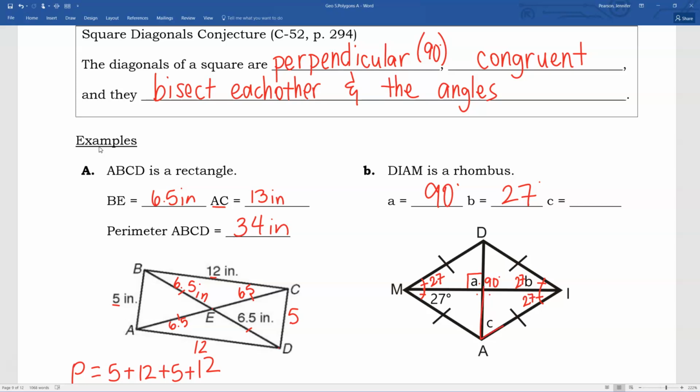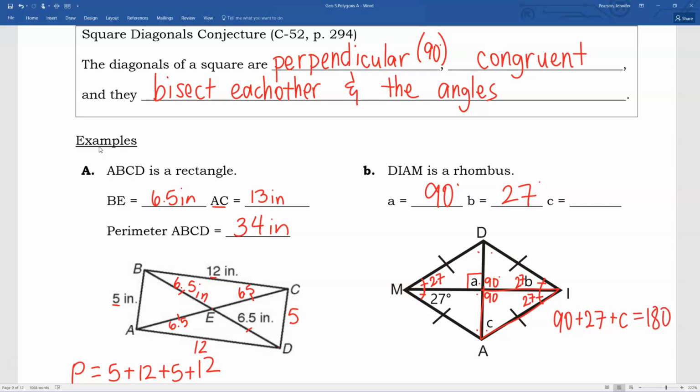The 3 angles of a triangle have to add up to 180 degrees. So I can get that angle for C down here, and in fact, all 4 of these angles will be the same value because I know 90 plus 27 plus something has to give me 180 degrees.